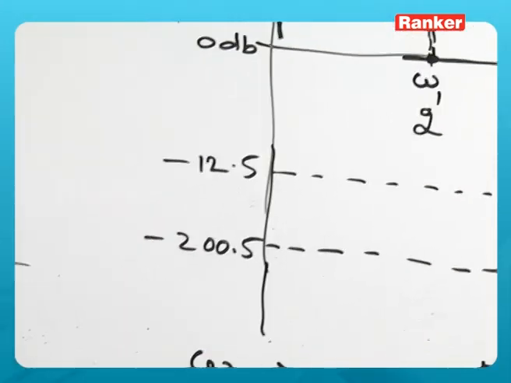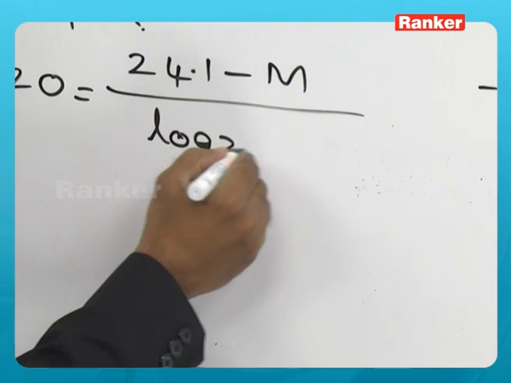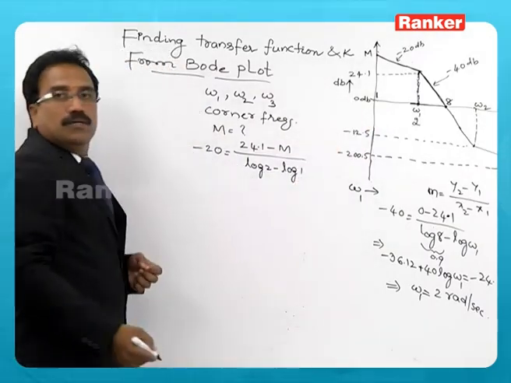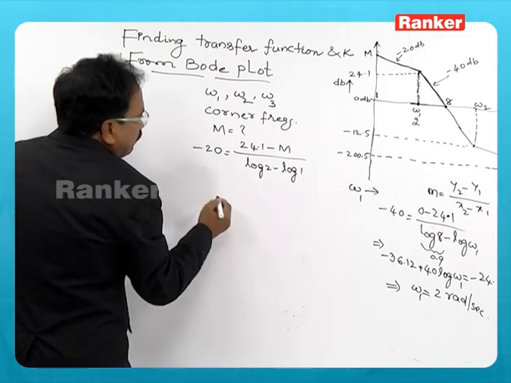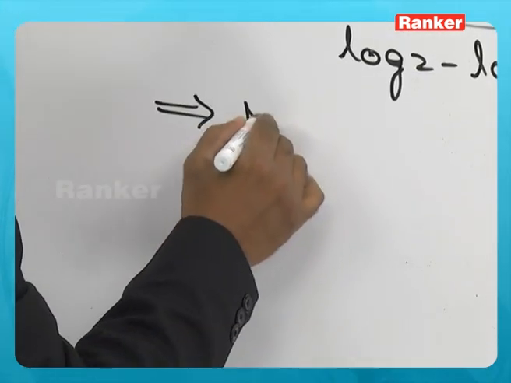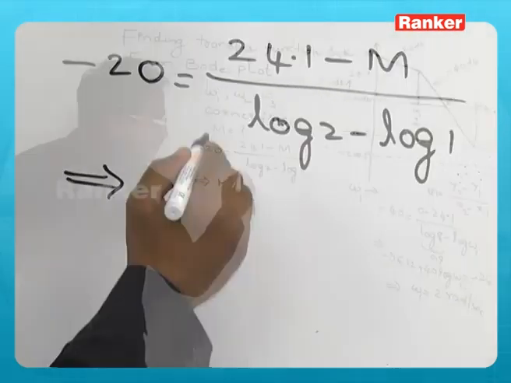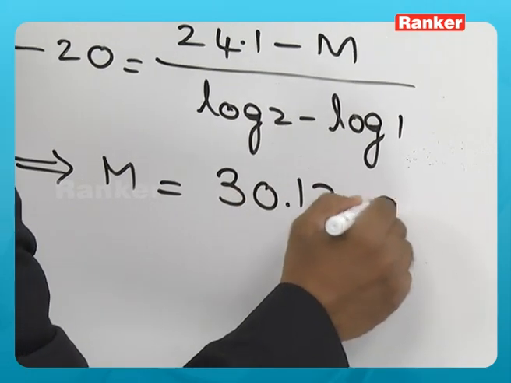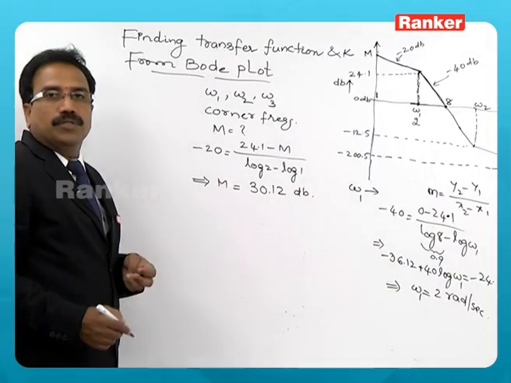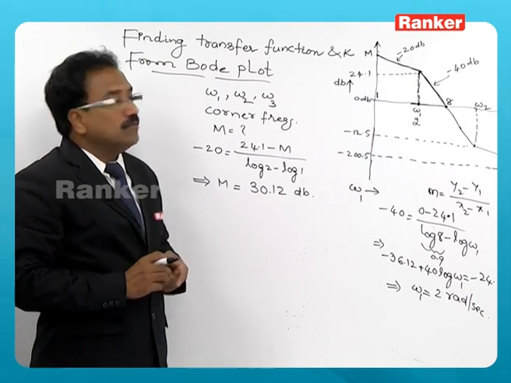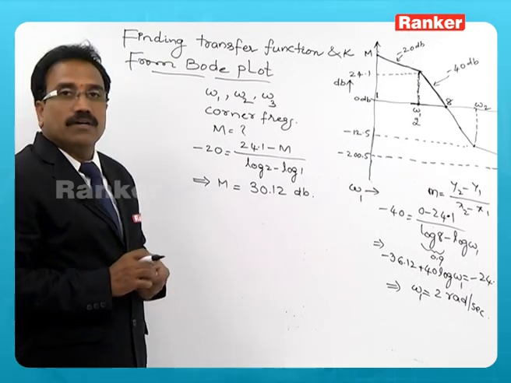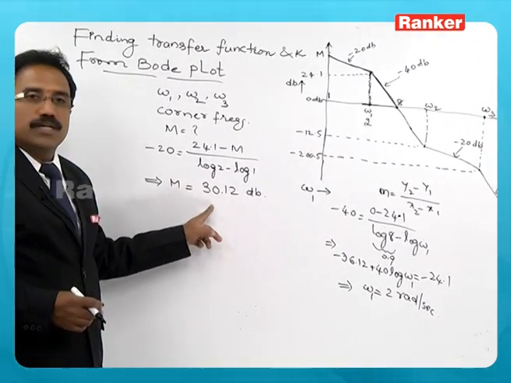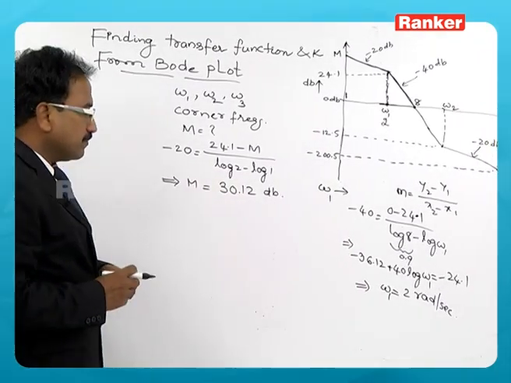Now I know the value of omega 1, so log 2 minus log 1. From this you get the magnitude in decibels, 30.12 dB. In order to determine the magnitude, I need to know omega 1 first, then the magnitude is given by 30.12 dB.